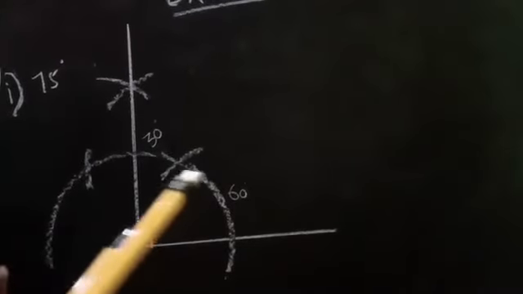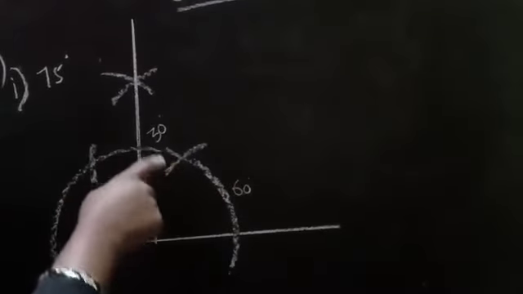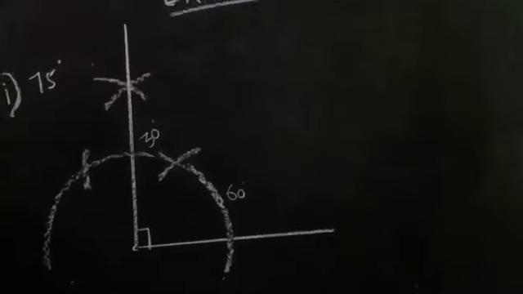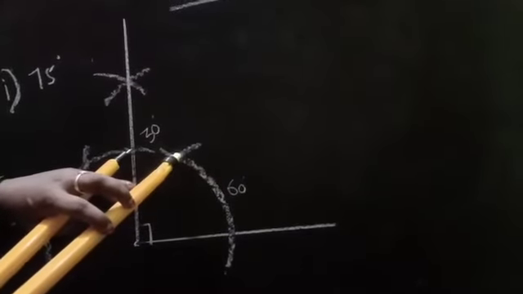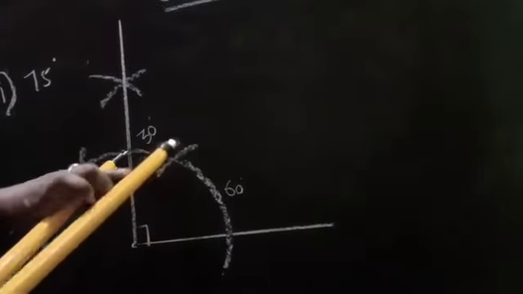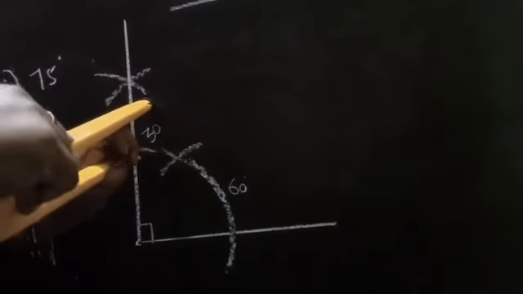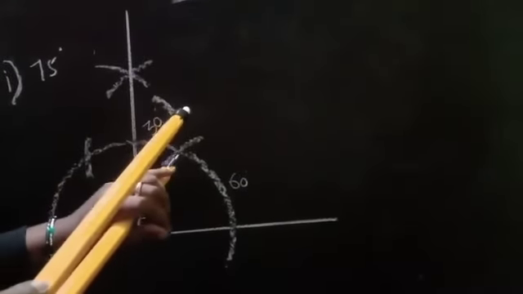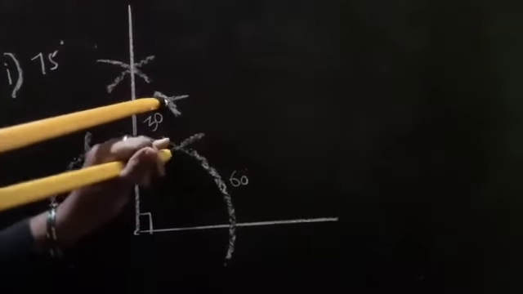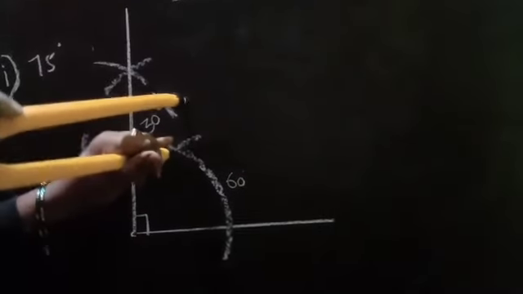So what do we have to do? Bisect for both. No need to draw the line also, it is okay. So bisecting this, I am going to take from here to here one arc. Again from here to here, a second arc.